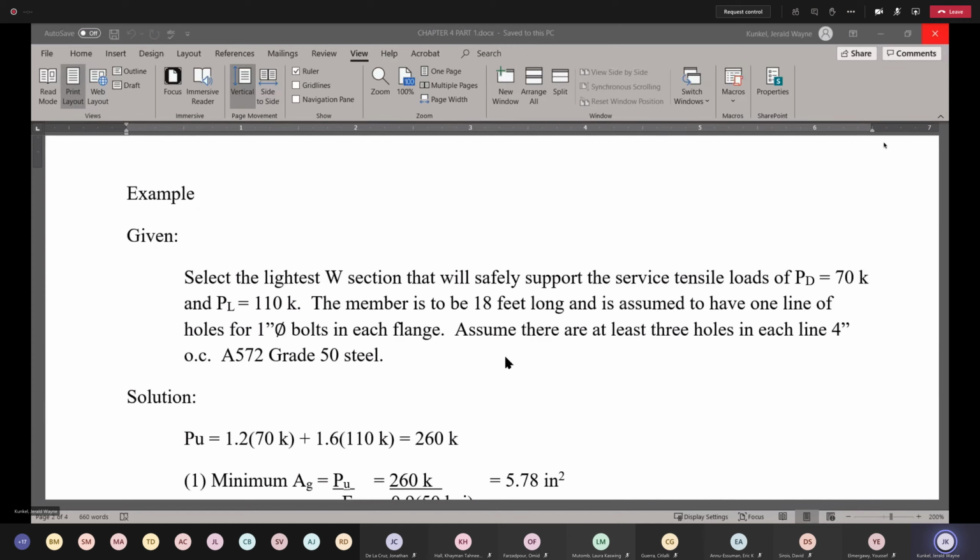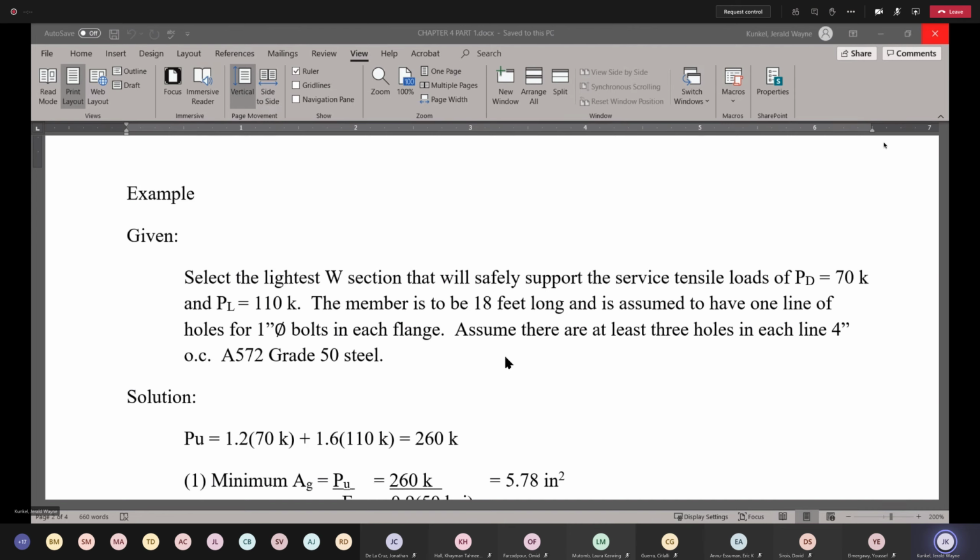We need to check the effective net area with 3 holes, 4 inches on center, and 1-inch diameter bolts in each flange. The last thing is the steel is A572 grade 50 steel. I think all of our steel will be that grade, but you can't do the problem if you don't know the grade of steel, so that has to be given.